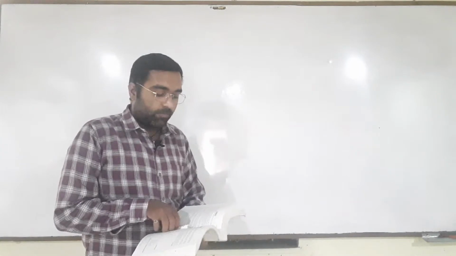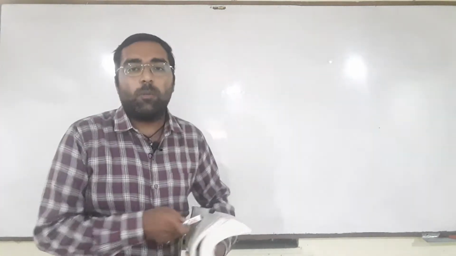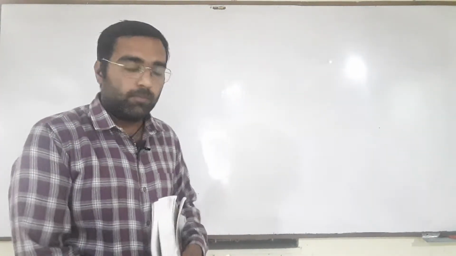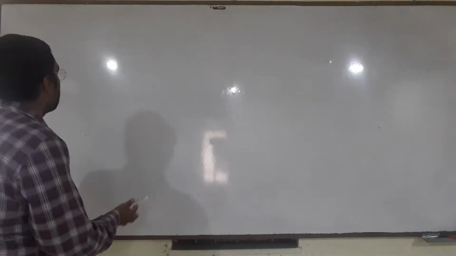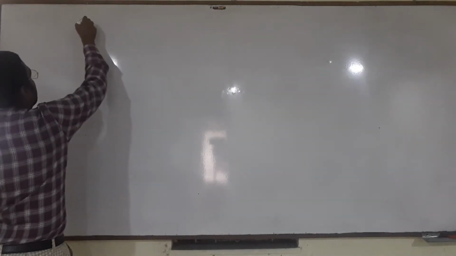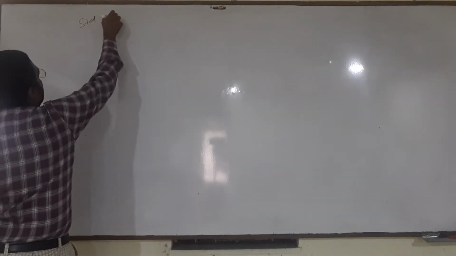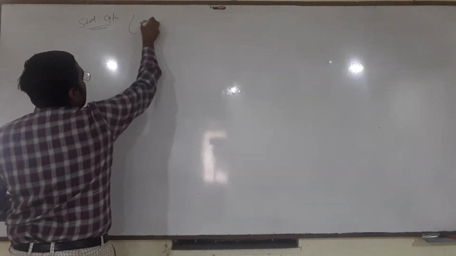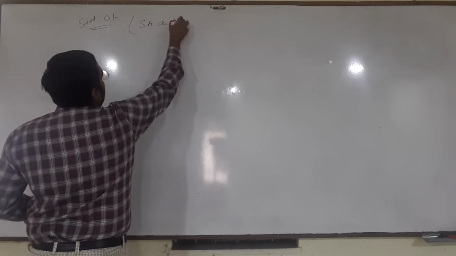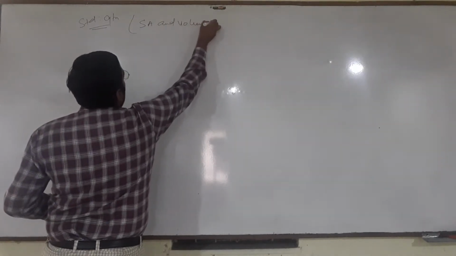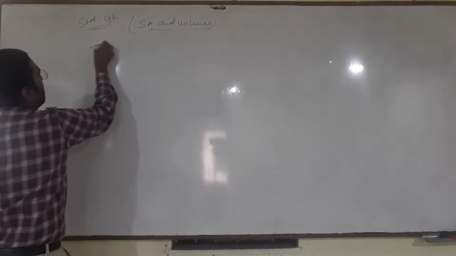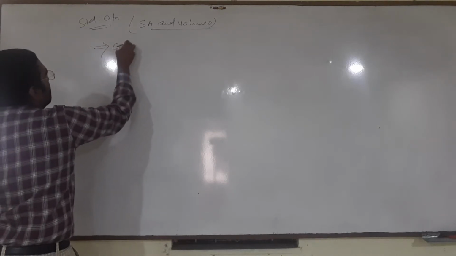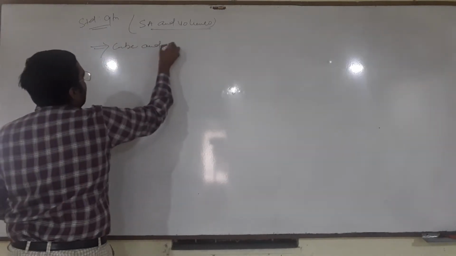So first of all, I'll write here the formulas that are related to the cube. Okay. So standard 9, I'll give the heading of standard 9, and today's topic is surface area and volumes for the cube and cuboid.